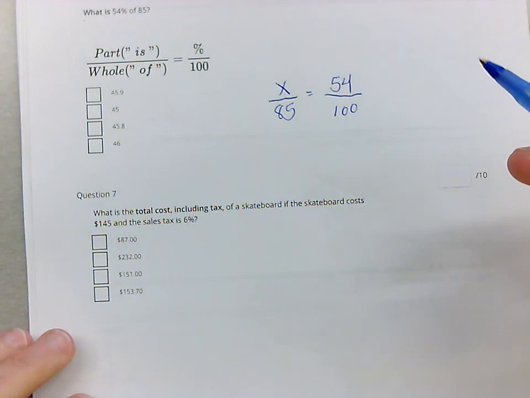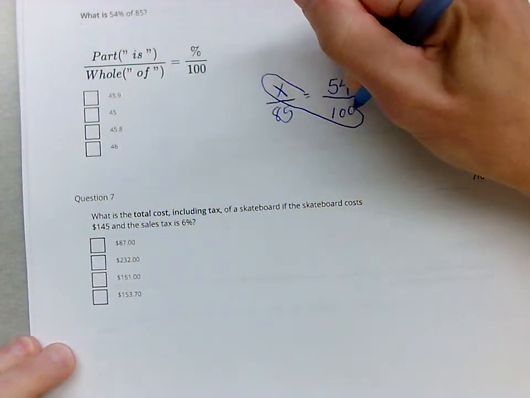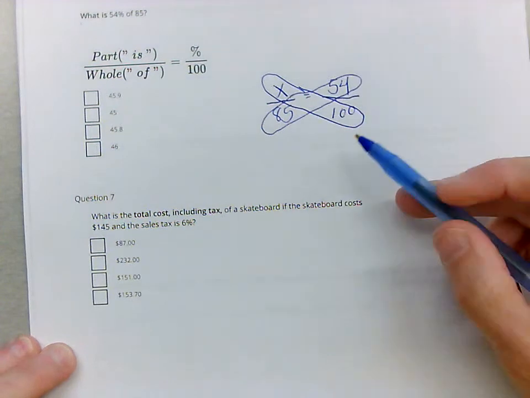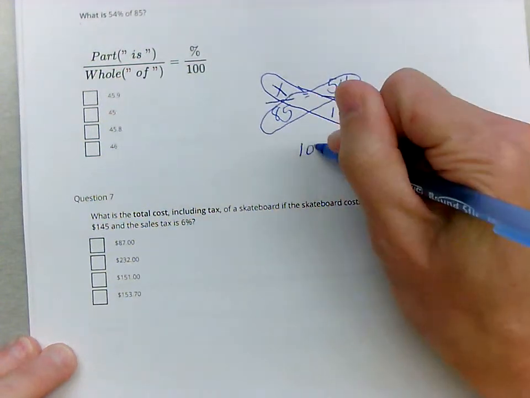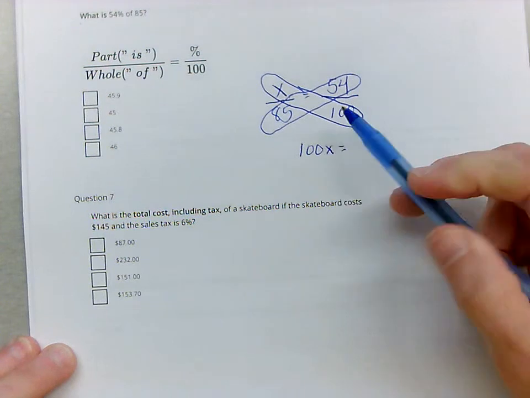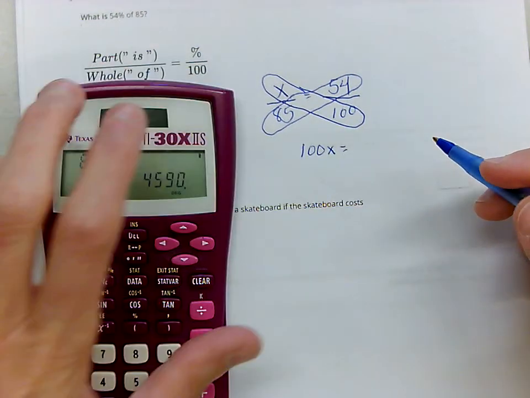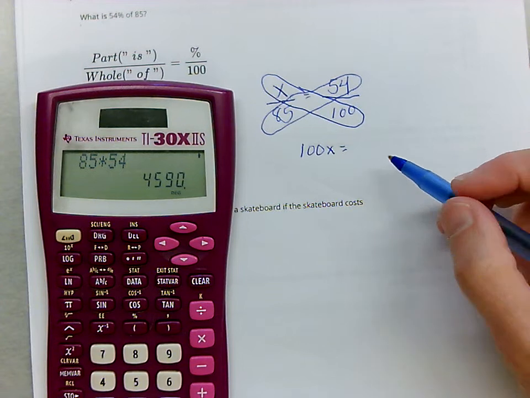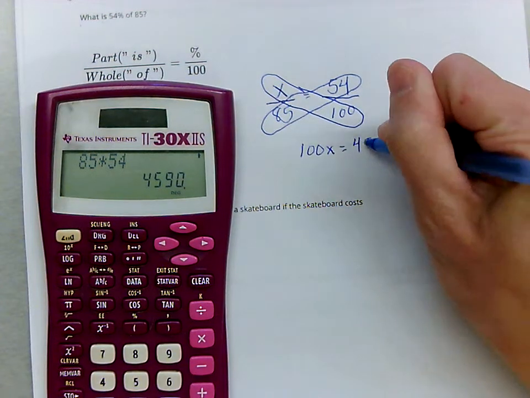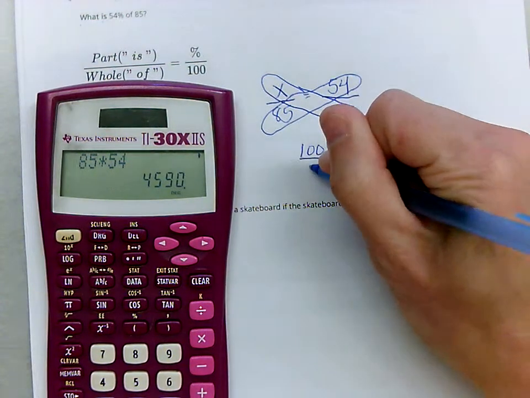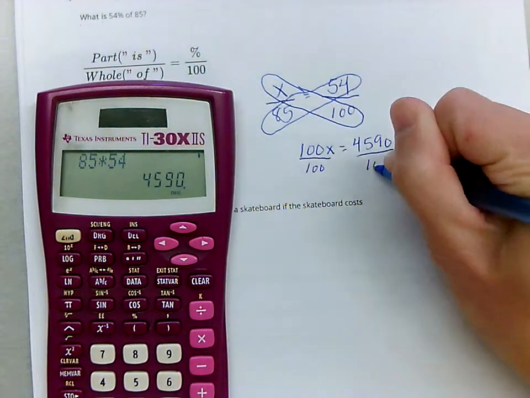So here again, we're going to use cross multiplication and solve. So we're going to do 100 times x and get 100x. And we're going to do 85 times 54. And when we do, we get 4,590. And we're going to divide by 100 to solve it.